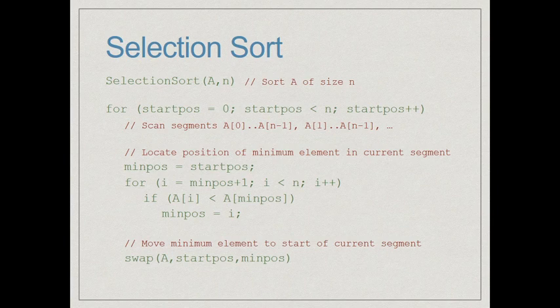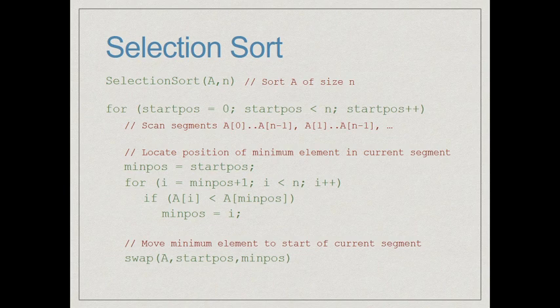So this procedure can be described by a very simple iterative algorithm. If you remember, we start by scanning the entire array, that is from 0 to n minus 1. We look for the minimum element in the segment. So we have an iteration which starts at the starting position, and from the starting position onward it assumes that the beginning is the minimum value, and wherever you find a smaller value you mark that as the minimum position.